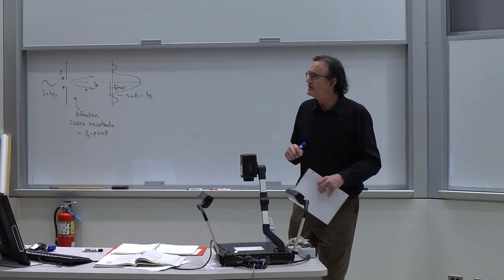It is the wave property of the particle that leads to its uncertainty. Because it diffracts. And once it diffracts, I don't know what direction it went. And neither can I possibly know what direction it went until I make a measurement. But until I make a measurement, all I can say is, this is the product of the uncertainty in position and momentum.